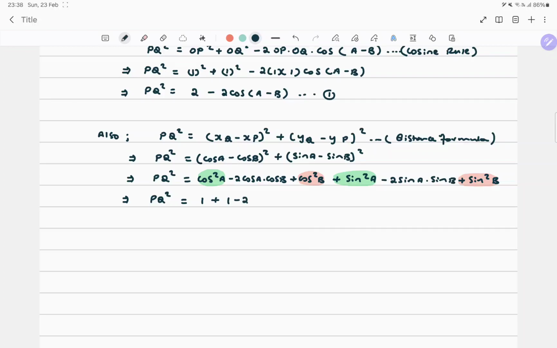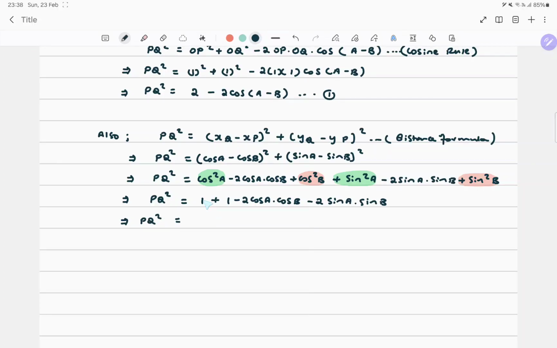Now we have minus 2 cos A cos B minus 2 sine A sine B. So that's what we have left. Now we continue.